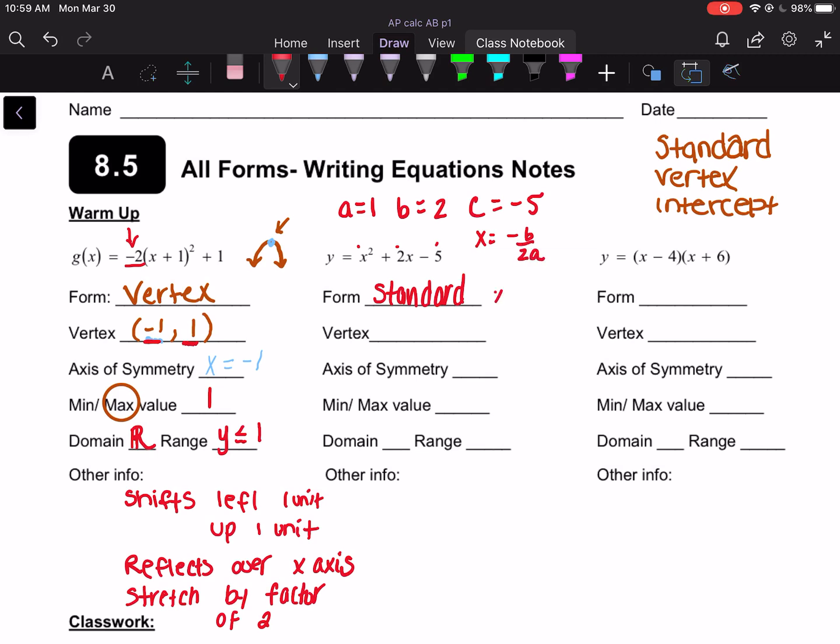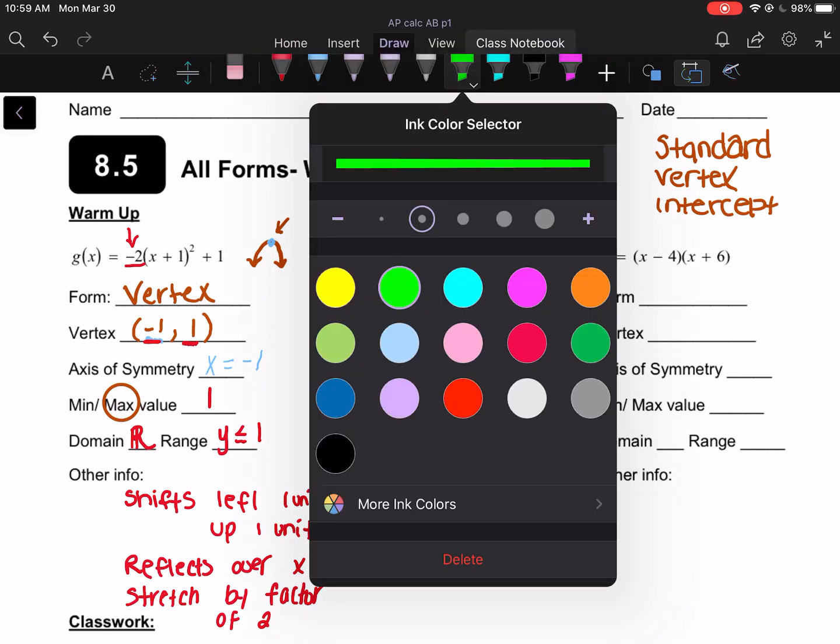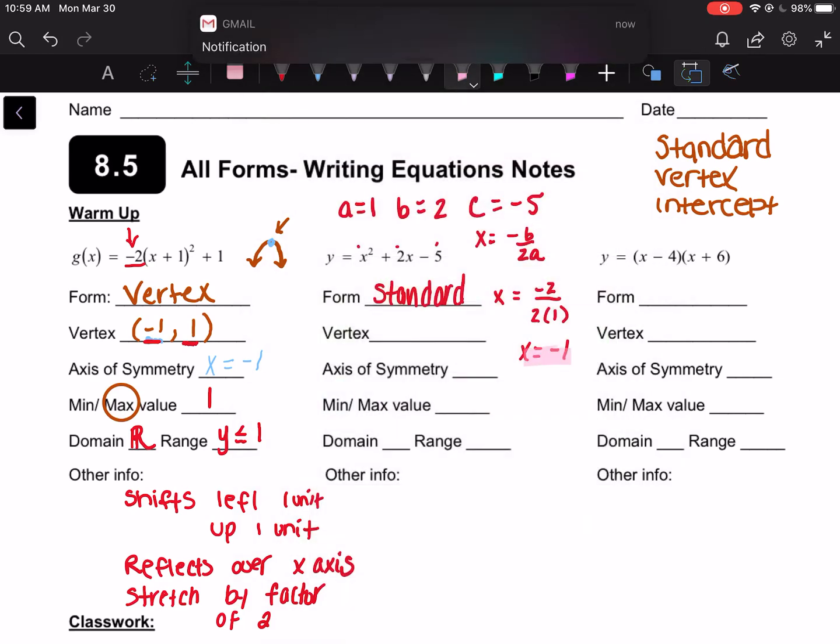In this case, the opposite of b is -2 over twice times a, which is 1. So x is equal to -2 divided by 2. That should give you -1. That is also your axis of symmetry.